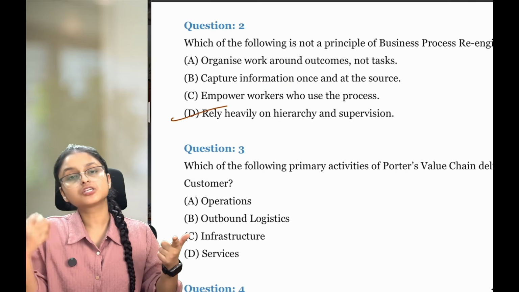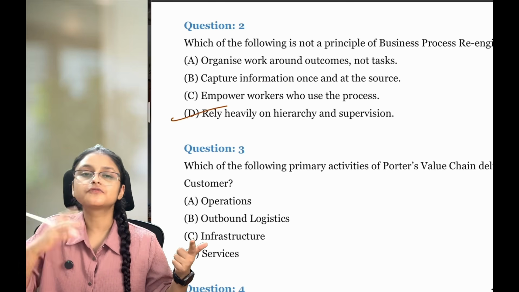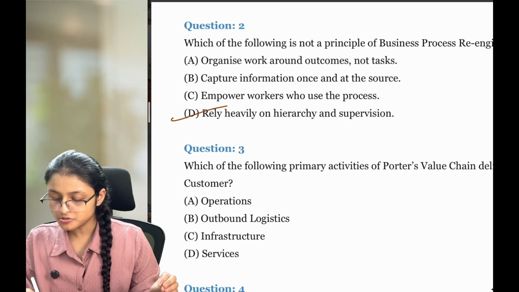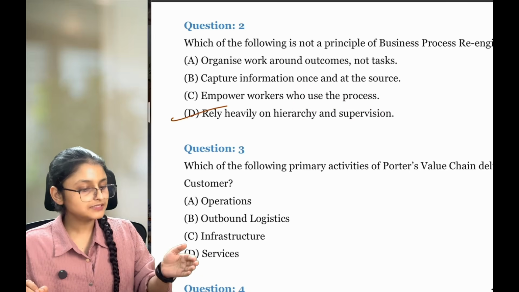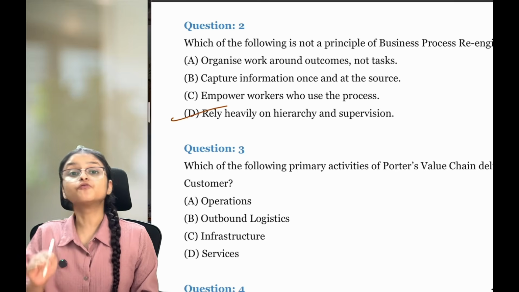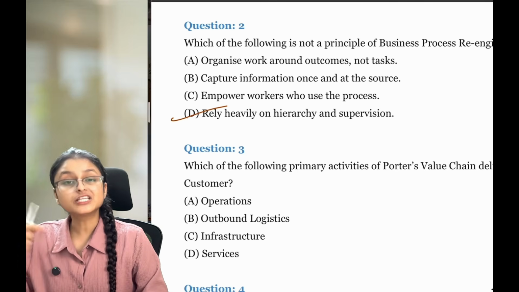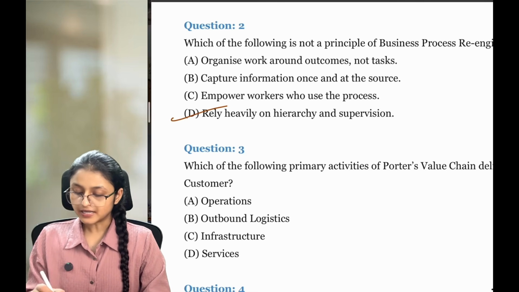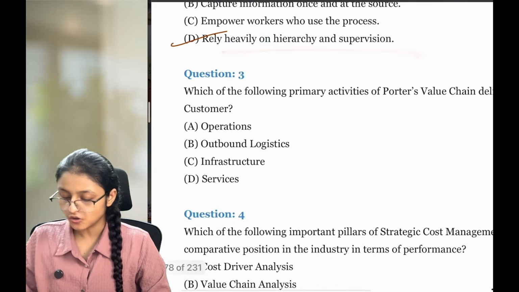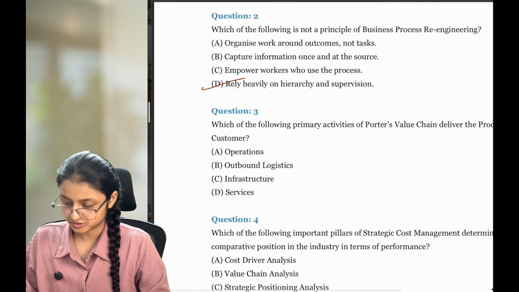We capture information once and use it whenever we require; we are not going to capture the information again and again. Empower workers who use the process: rather than processes being designed directly by the top managers, if you involve those workers who are actually performing the processes, that will actually empower the workers also. Okay? So relying heavily on hierarchy and supervision is not a principle of BPR.